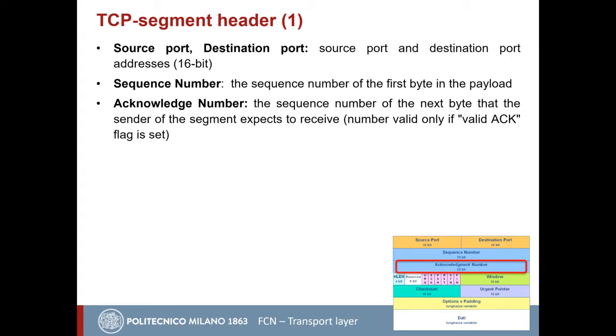If this is a message that is sent by host A, the sequence number is the number of bytes in the flow from A to B. The acknowledgement number is the acknowledgement of information that was sent from B to A. It is the sequence number of the next byte that the sender of the segment expects to receive, and it is valid only if the ACK flag of the segment is set.